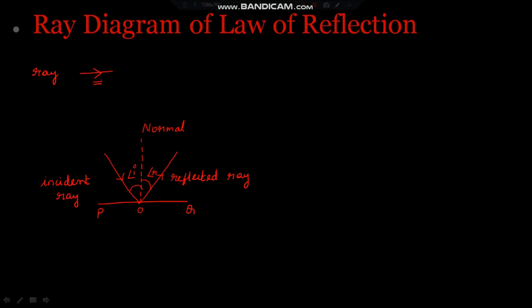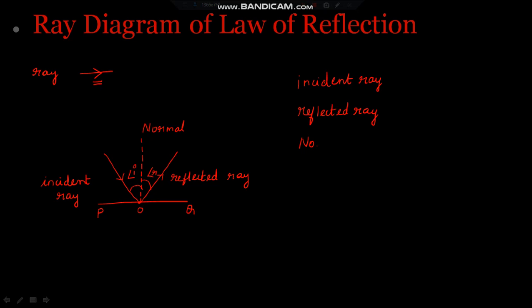So the important terminologies we have to remember when learning reflection are, first, the incident ray, that is the ray of light which is falling on the reflecting surface, and the second is the reflected ray, that is the ray of light which is bouncing back from the reflecting surface.